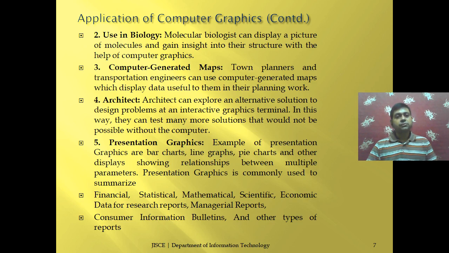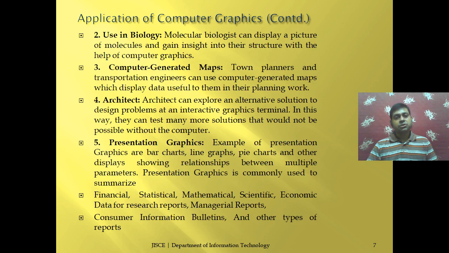The second one, we can talk about biology, because molecular biologists often use computer graphics to display the molecular structure, and rotating the structure 360 degrees, the inside and outside can be visible through computer graphics.